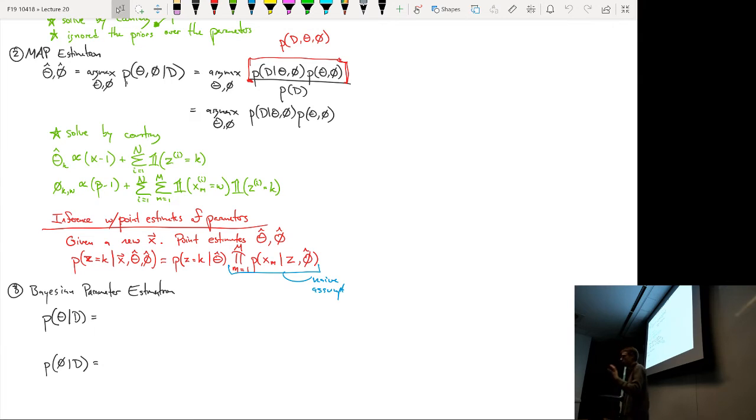Okay, so think about what it is that I'm actually asking for here. What I'm asking for is a distribution over real valued vectors, theta, and real valued vectors phi k. And the question is, what is the form of that distribution?